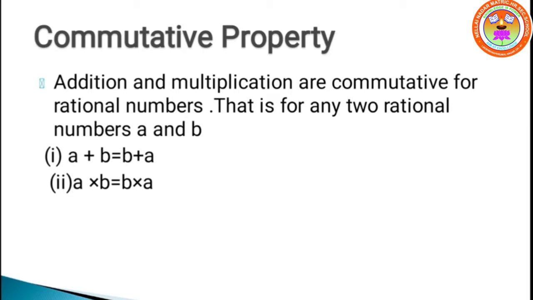That is, for any two rational numbers a and b, the first subdivision is a plus b is equal to b plus a. This is for addition, and now we'll see it for multiplication. The second subdivision, a into b is equal to b into a.